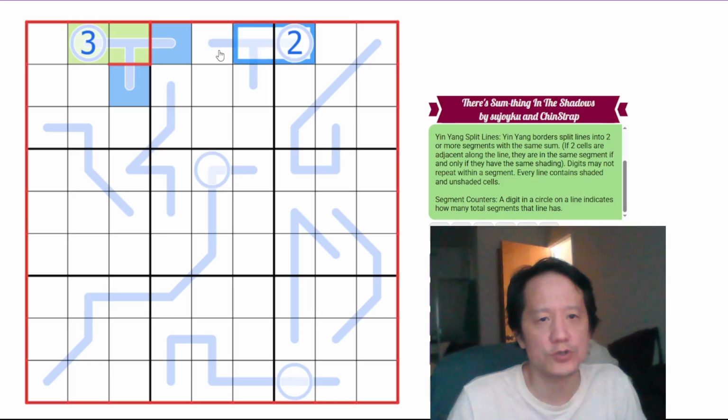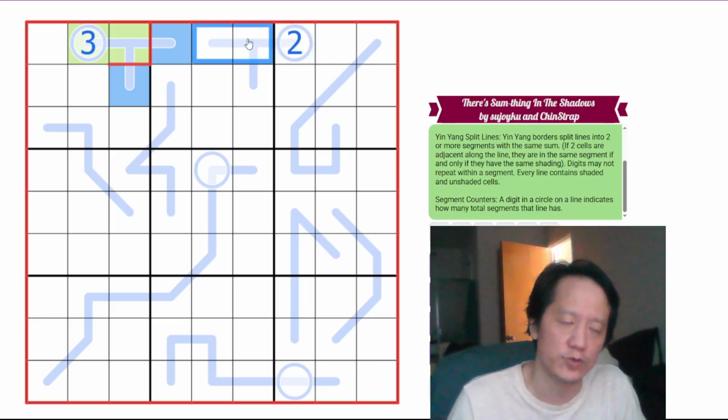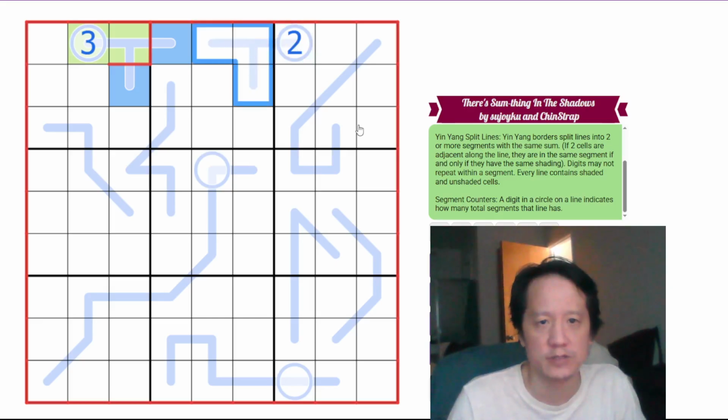Therefore, this is 2, right? Well, if we had the border here, that wouldn't work because 2 would have to equal 3 digits, which is not possible. So the border cannot be here. The border is either here or it's here. So the border is either here or here.